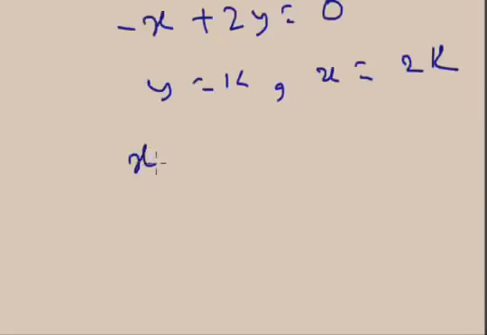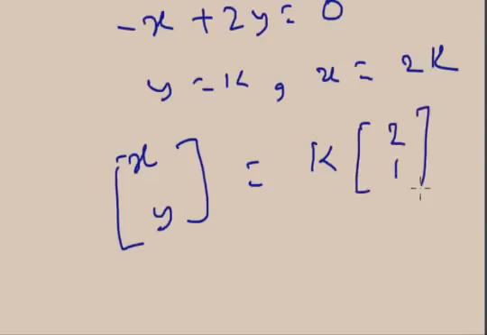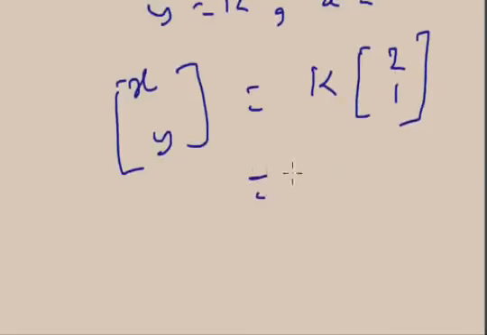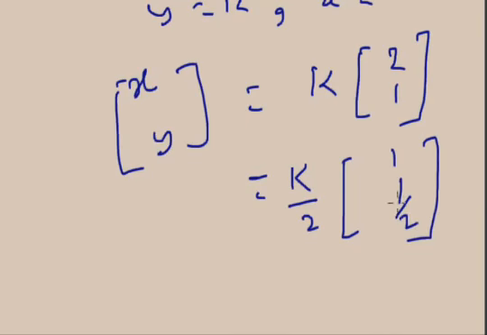So x, y will be equal to k times 2, 1. So 2 1 is the vector form, which means equal to k into 2 into 1 by 2. So this is the format.